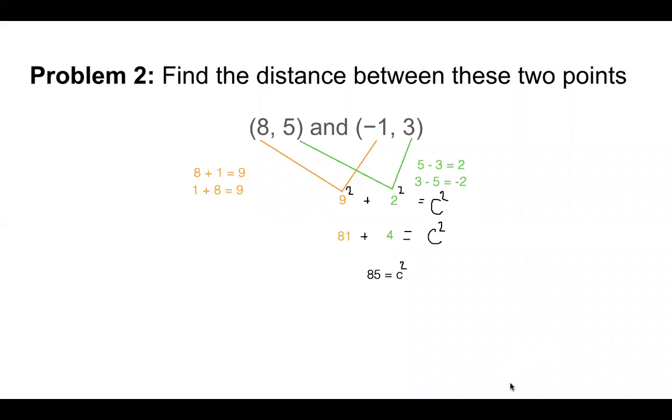Now comes the time when we square root both sides. Let's go ahead and take the square root of 85.